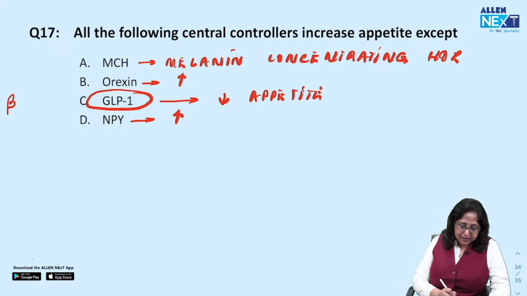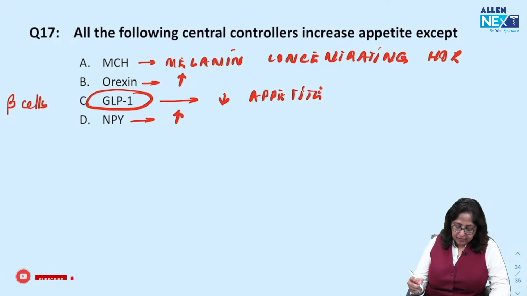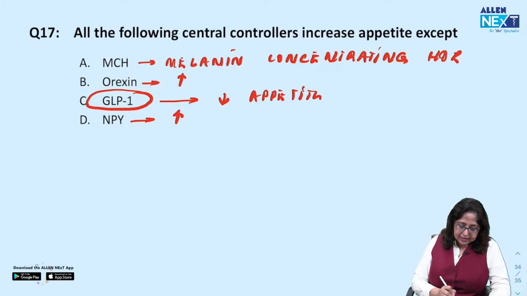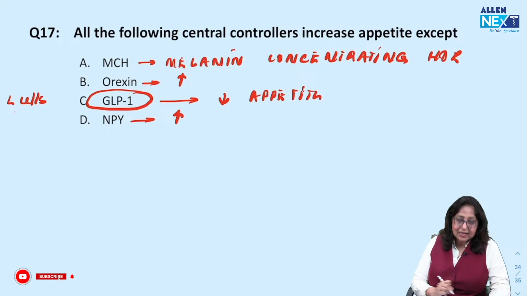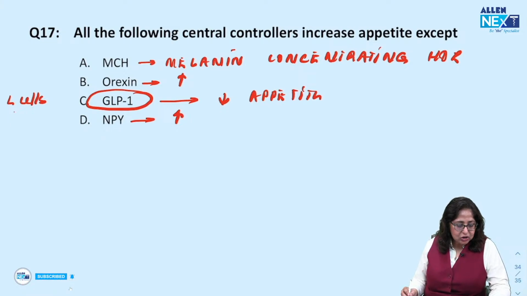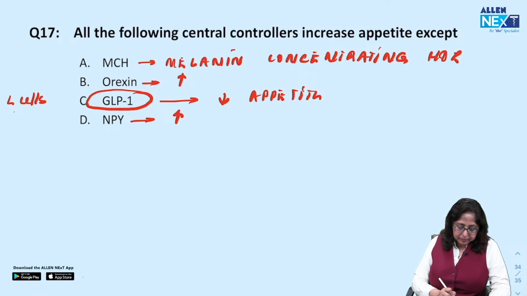GLP-1, this is secreted by the beta cells of pancreas. Sorry, glucagon-like peptide 1, sorry. This is secreted by the L cells in the small intestine. This produces satiety, right? GLP-1.